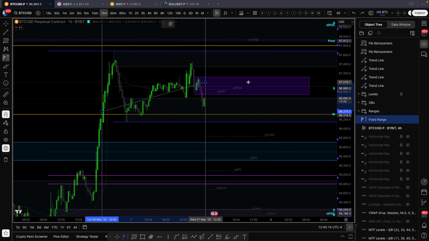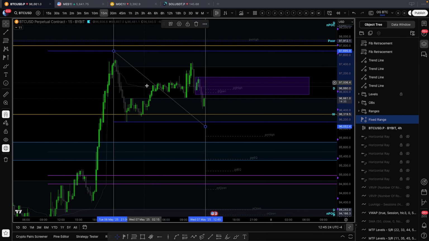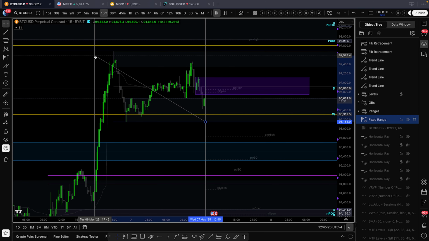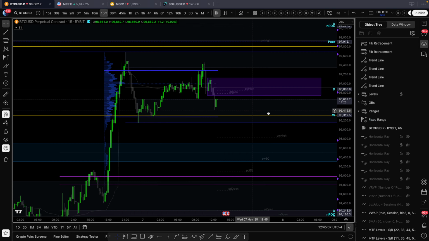And if we throw our fixed range volume profile in there, we see that the point of control is a little bit higher at this block. Let's test it at the very high. Same. Let's go to where the pump started. Same. So this is your point of control. We have the VWAP right here and this gray line coming through.